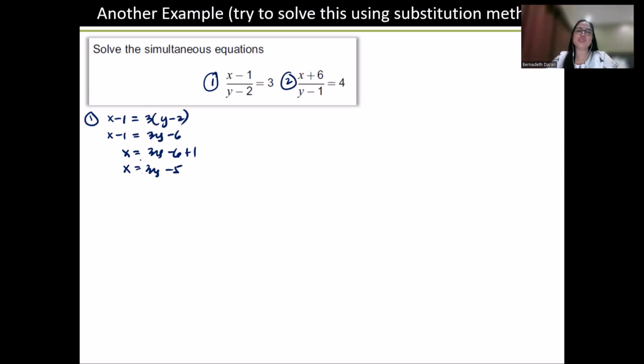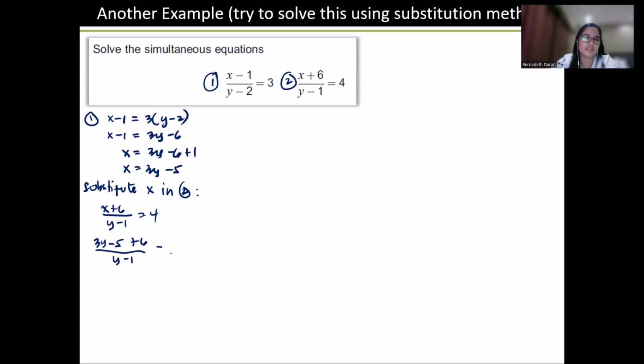So we will now substitute x to equation 2. So if our equation 2 is x plus 6 over y minus 1 is equal to 4, we are going to substitute the value of x in this equation. So we have 3y minus 5. Take note, this is our x. So this is x plus 6 over y minus 1 is equal to 4.